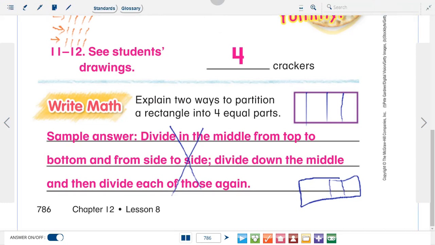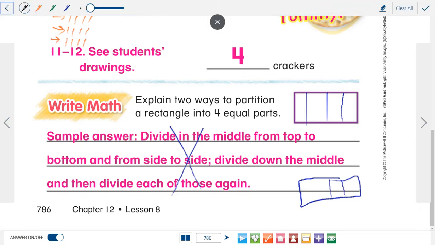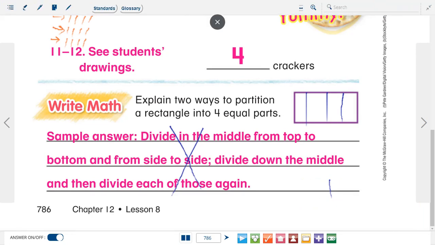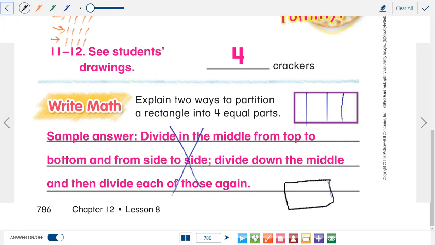So just divide the first one. Because we made the first one in this way, draw the second one in the other way. So the second rectangle, this one, divide it using this way. Okay, now we have two different ways of dividing a rectangle into 4 equal parts.